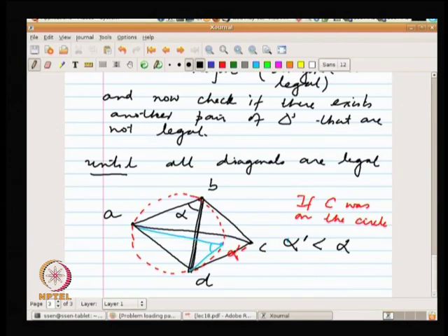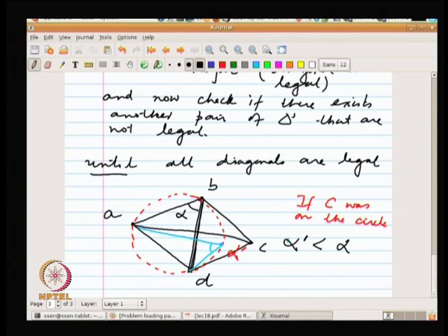And suppose alpha was the smallest angle in triangle ABD. Suppose, so we can do more case analysis. Suppose in one case the triangle is such that alpha is the smallest angle in triangle ABD.